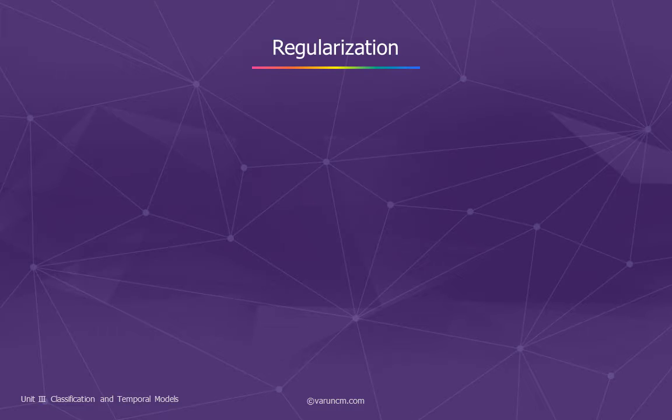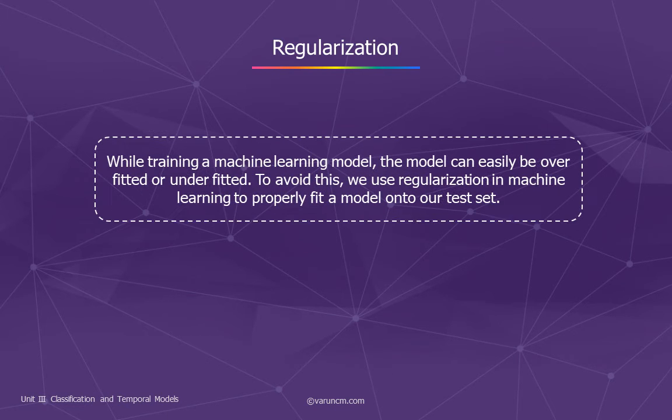So, what is regularization? Why do we need this regularization? That we are going to see first. While we train machine learning models, there is a possibility of the model getting overfitted or underfitted.